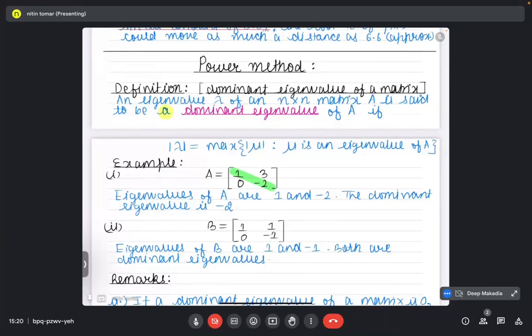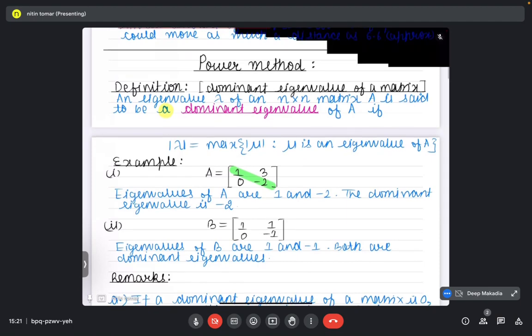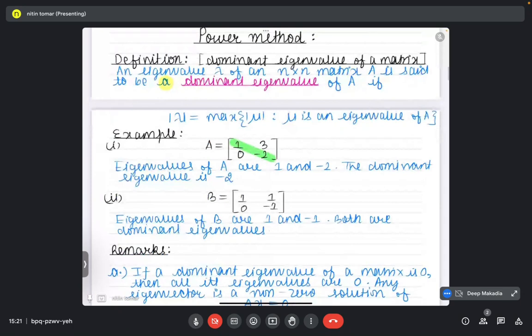An eigenvalue lambda of an n cross n matrix A is said to be a dominant eigenvalue of A if this eigenvalue is the maximum among all the eigenvalues, maximum mod mu, such that mu is an eigenvalue of A.